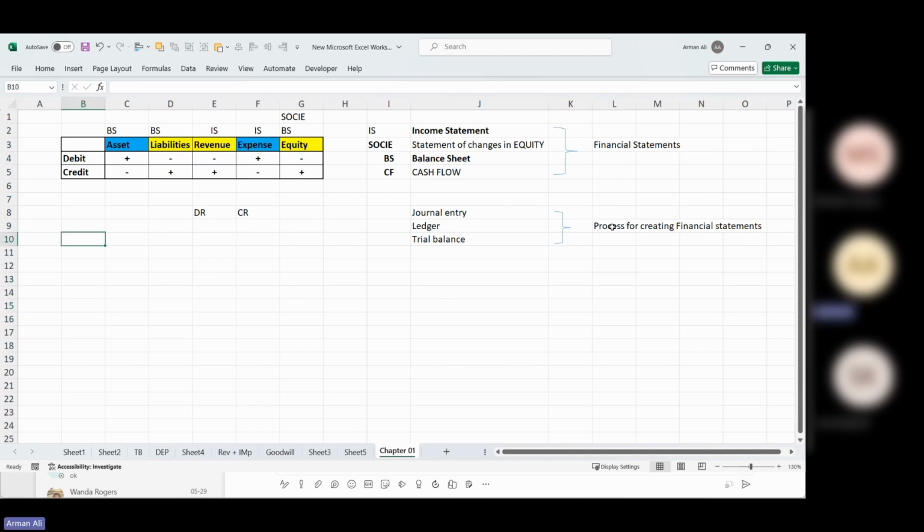So let's assume a couple of entries, a couple of transactions that are taking place. For example, we start a business and the business is, let's say, Organico is the name of the business, and we sell, say, some fast food items.